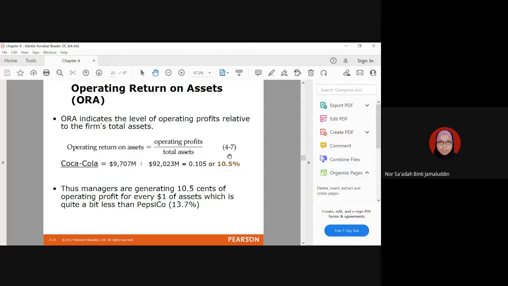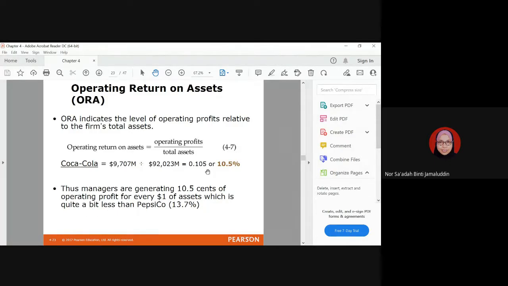So this is the formula, and then you should know how to interpret the result after you use the formula, calculate it, and elaborate your answer. Thus, managers are generating 10.5 cents of operating profit for every RM1 of assets, which is quite a bit less than Pepsi's.